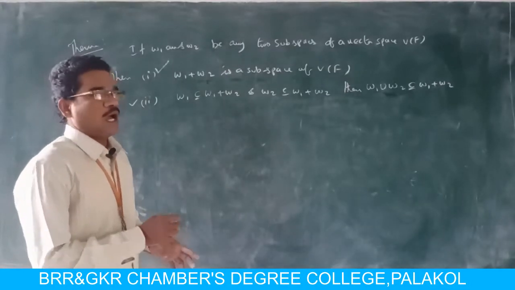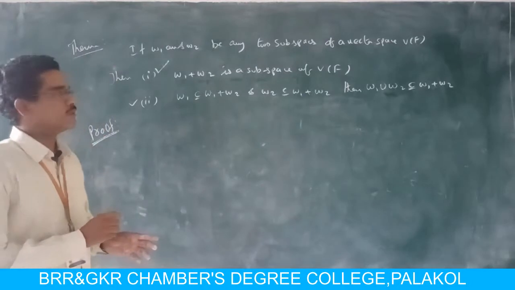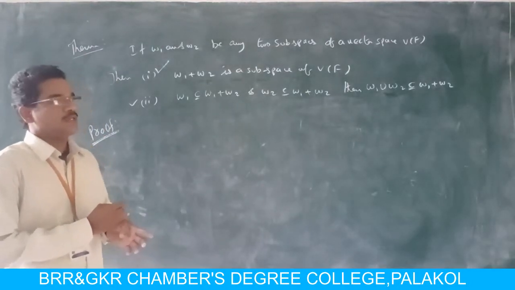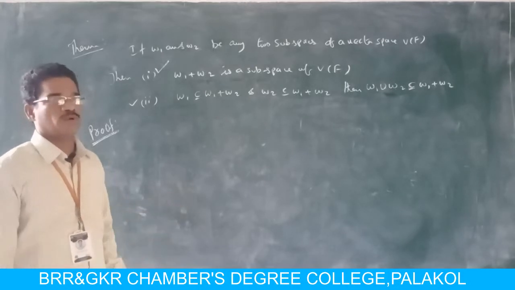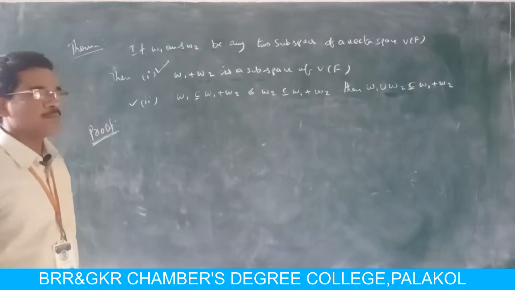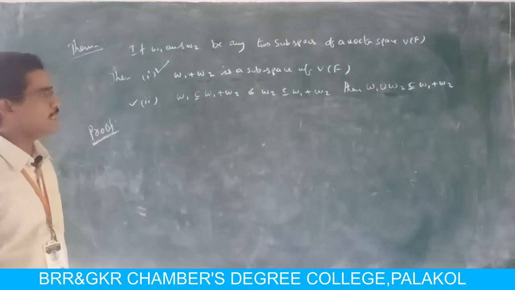Here alpha belongs to W1, similarly alpha 1 belongs to W1, then alpha 1 is an element, and W1, W2 are non-empty sets.